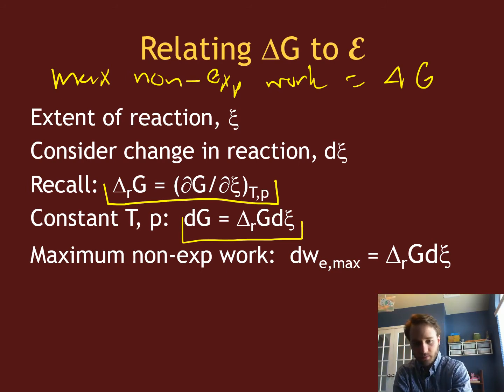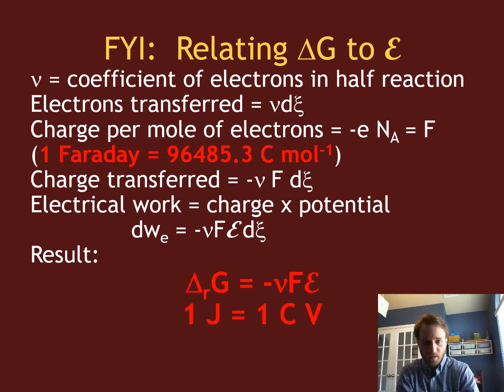So dG is related to the change in the maximum non-expansion work. And then, for some chemical reaction where I transfer electrons, the number of electrons transferred is related to the stoichiometric coefficient of the electrons transferred times the extent of the reaction. So ν here is the stoichiometric coefficient of the number of electrons transferred.